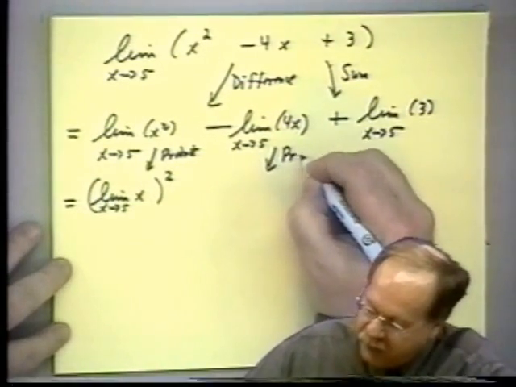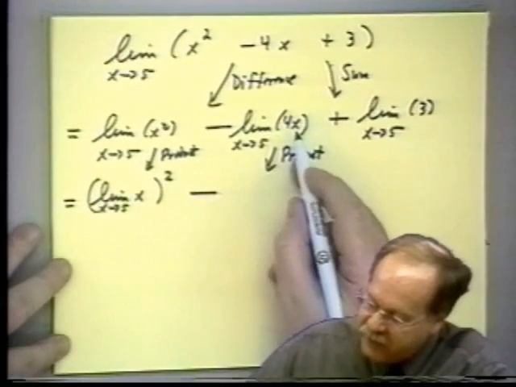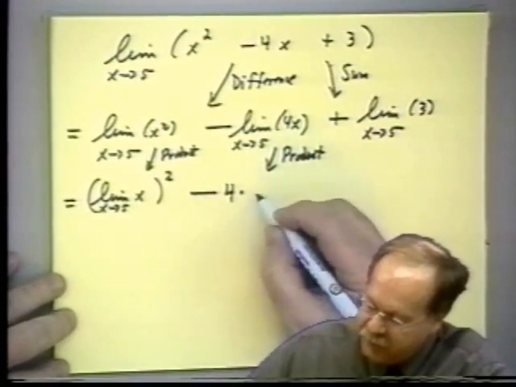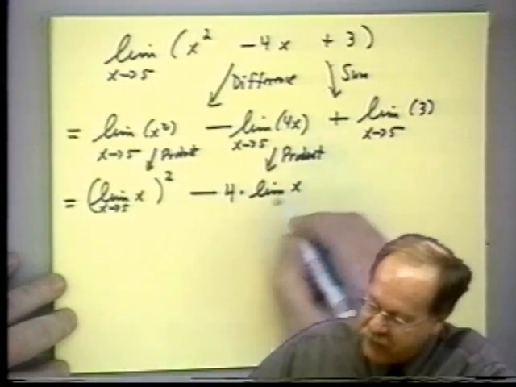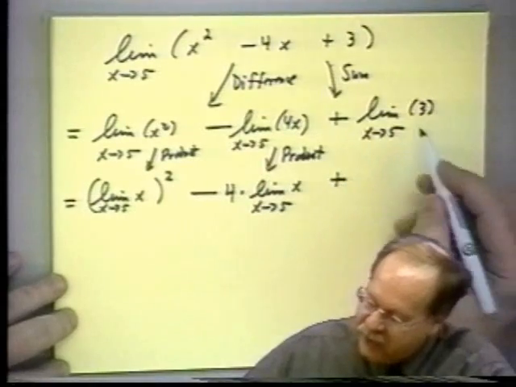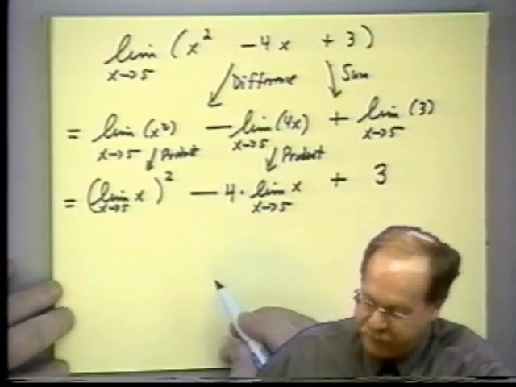This is also a product. It's a product of a constant times a variable function x, so we learned already that we can pull the constant out front. So this becomes 4 times the limit of x as x approaches 5 plus, and the limit of 3 being a constant function is just 3.